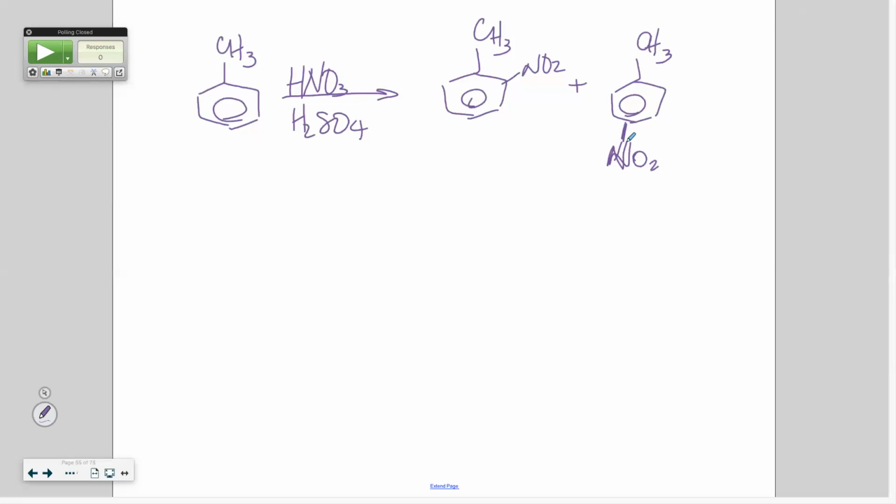So whether you would use recrystallization, or fractional distillation, or a variety of column chromatography, they can be separated. So what you can do here is, instead of listing both, you can list the one that you want. Does that make life easier? So you could just list the para one because that's the one that you want. That's a 3.